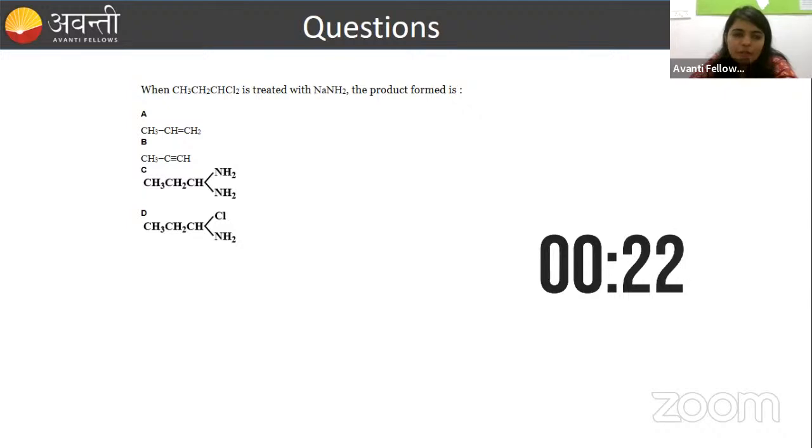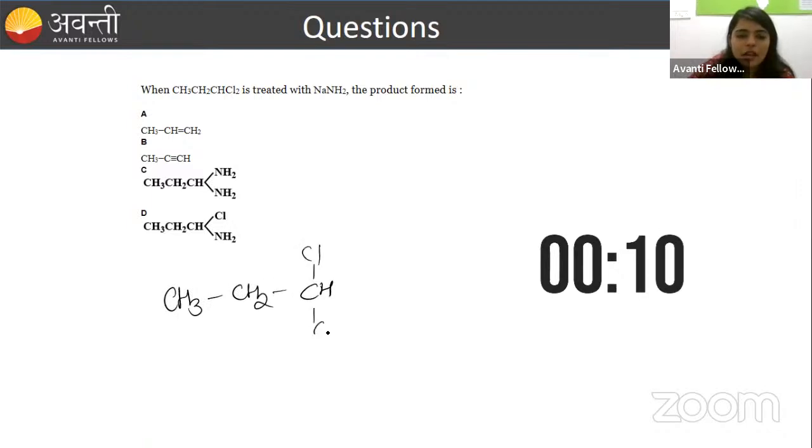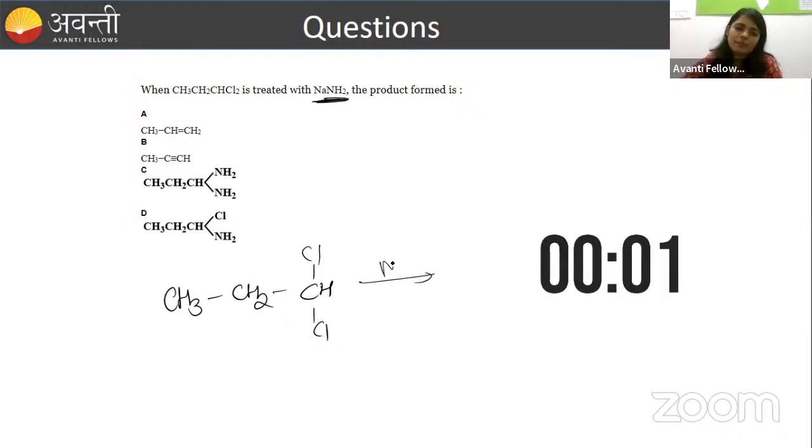What will it form? So here what they have taken is CH3, CH2, CH and Cl and Cl. Now I have made your task easier. अभी तो कुछ भी नहीं है. Now they have taken NaNH2. So what does NaNH2 do?